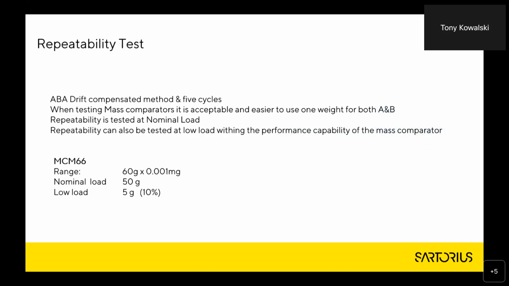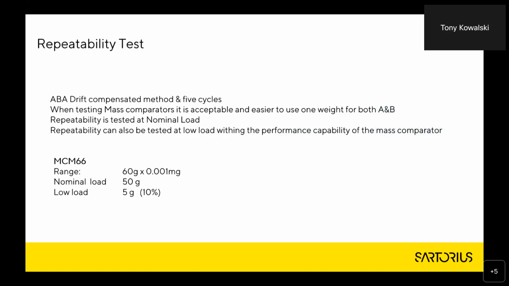Repeatability test. We've already mentioned we're going to have some drift. So on our manual comparator, we would follow the ABA method. 5 cycles would be what the manufacturer would normally quote.